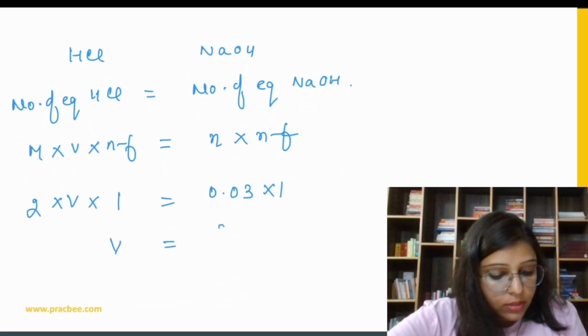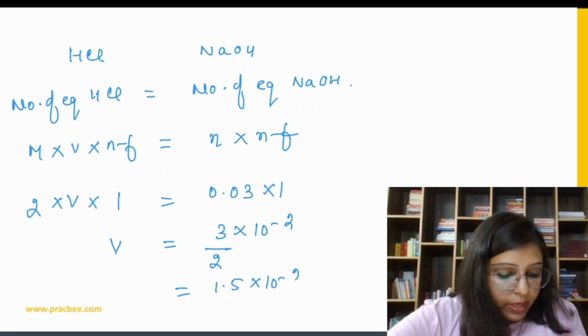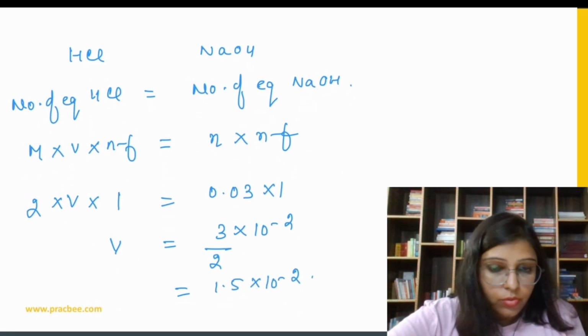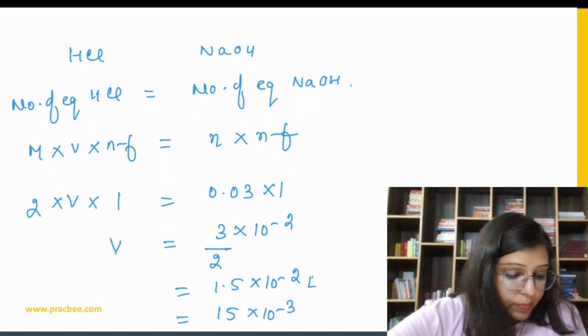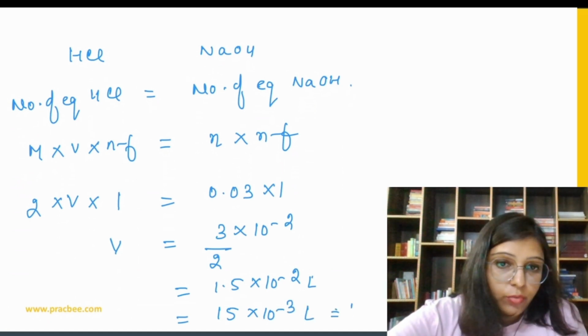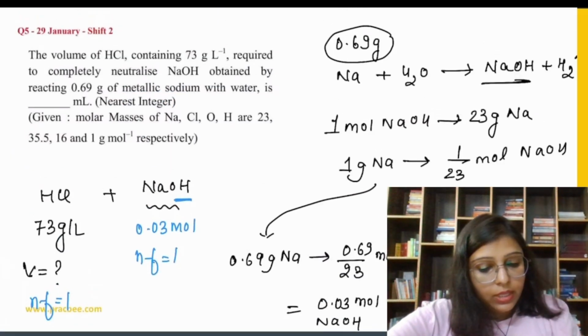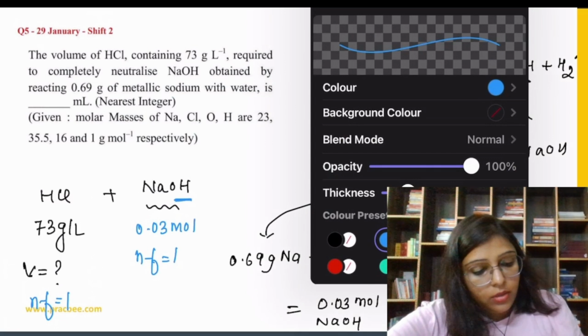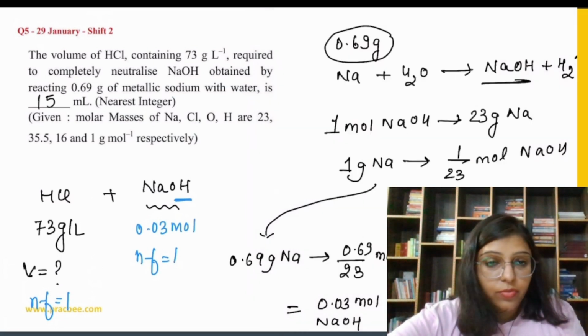So volume is 3 into 10 to the power minus 2 upon 2. This is going to be 1.5 into 10 to the power minus 2 liter, or 15 into 10 to the power minus 3 liter, which is equal to 15 ml. We have to report the answer in ml, so the answer is going to be 15.